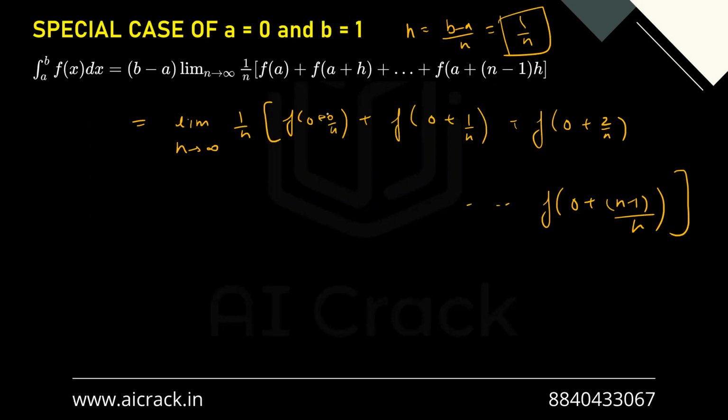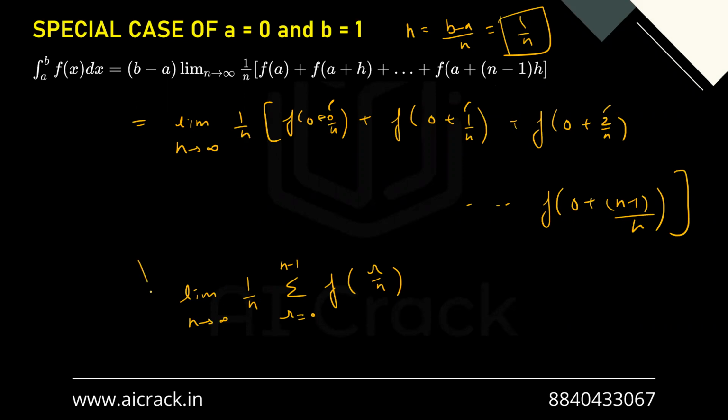Now I can see that this number over here is the variable number. So I can write it as 1 by n sigma, r starts from 0 and goes till n minus 1, and the function is f of r by n. So r starts from 0 and goes to n minus 1, and over here 1 by n, limit n tends to infinity, right?